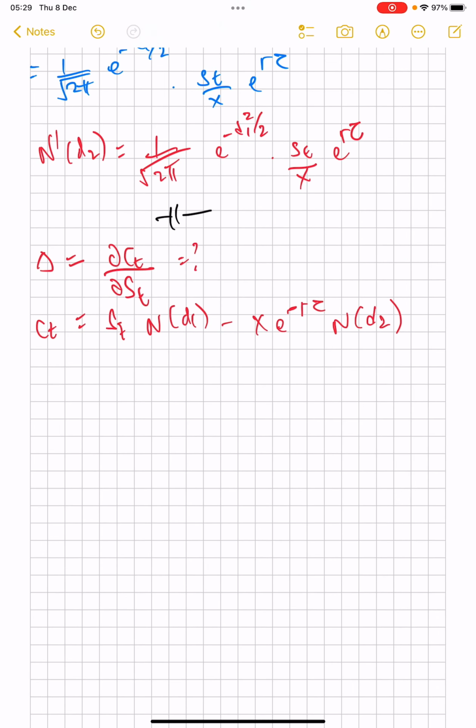Alright, now to derive this, how do I derive Ct over ST?